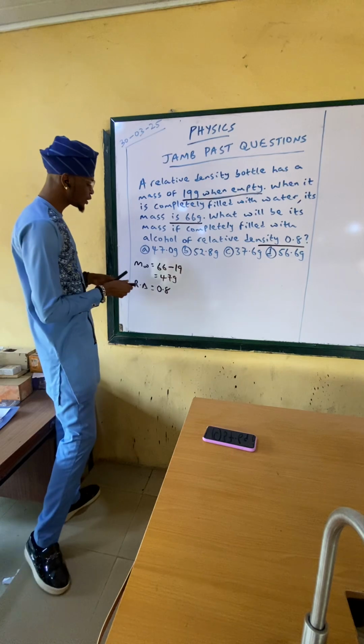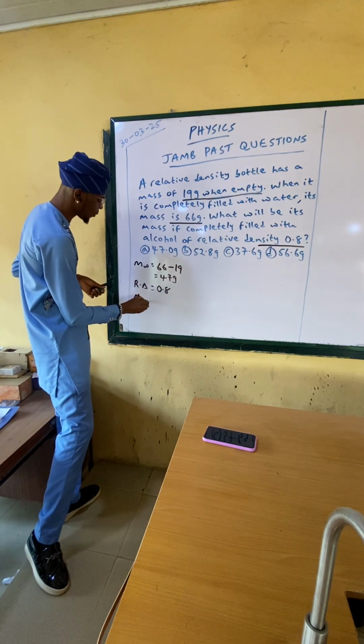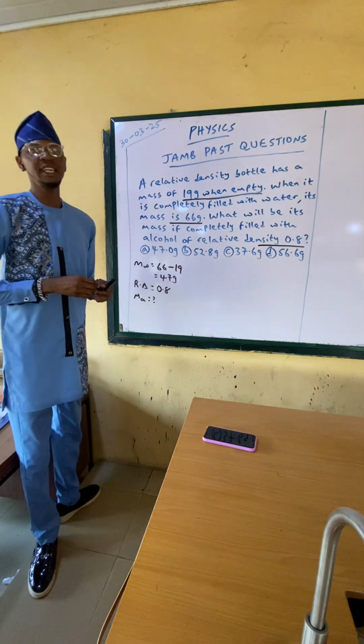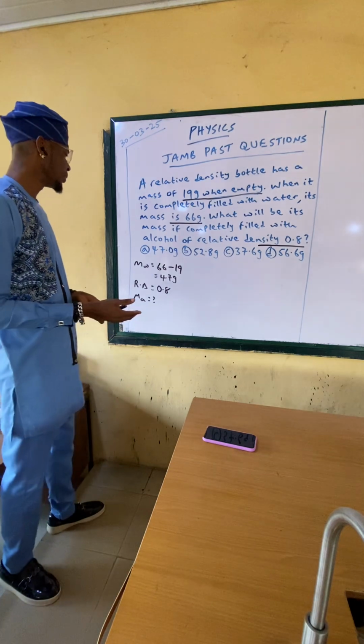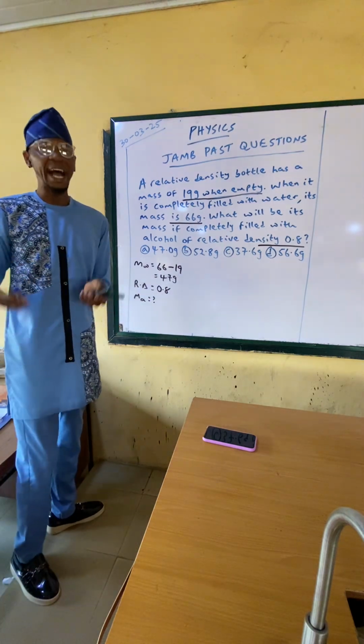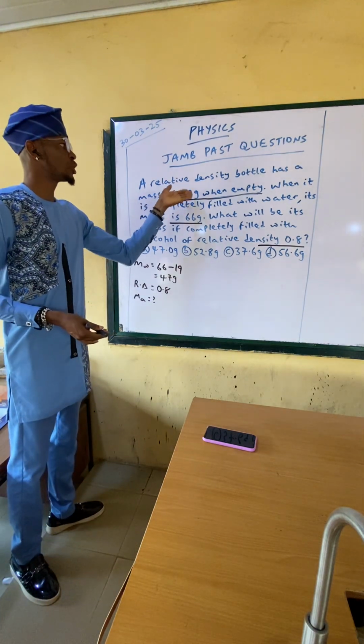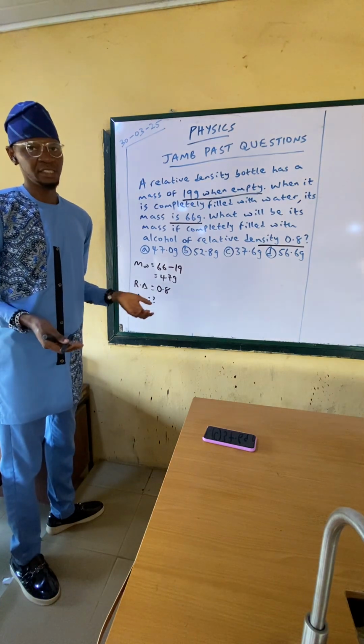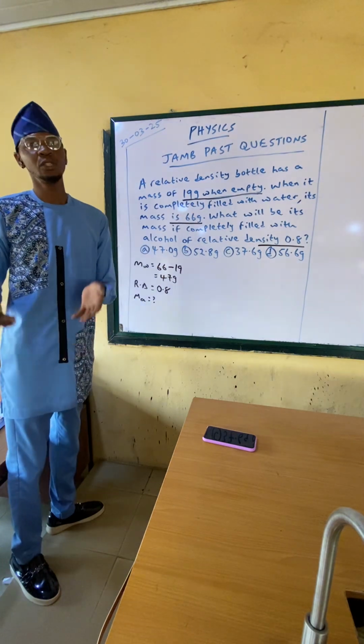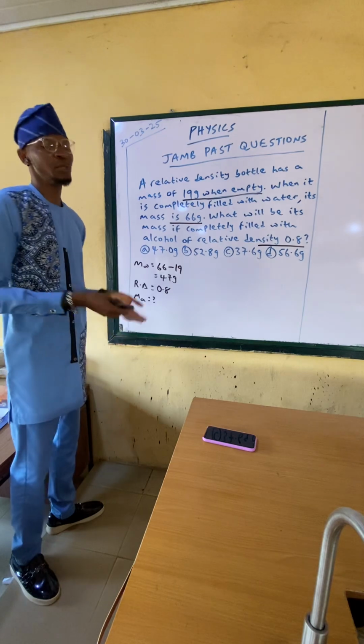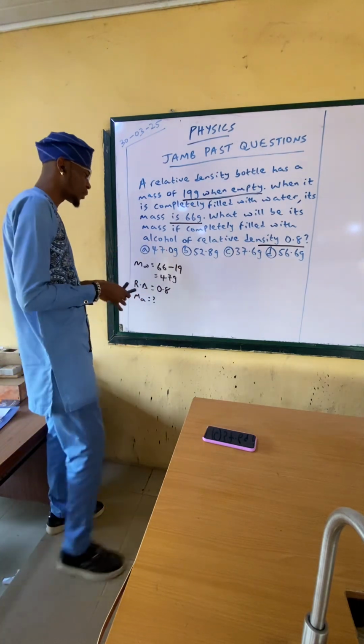So we have to first find the mass of alcohol. After getting the mass of alcohol, we are going to add it to the mass of the empty density bottle, which will give us the mass of the density bottle when it is filled with alcohol.